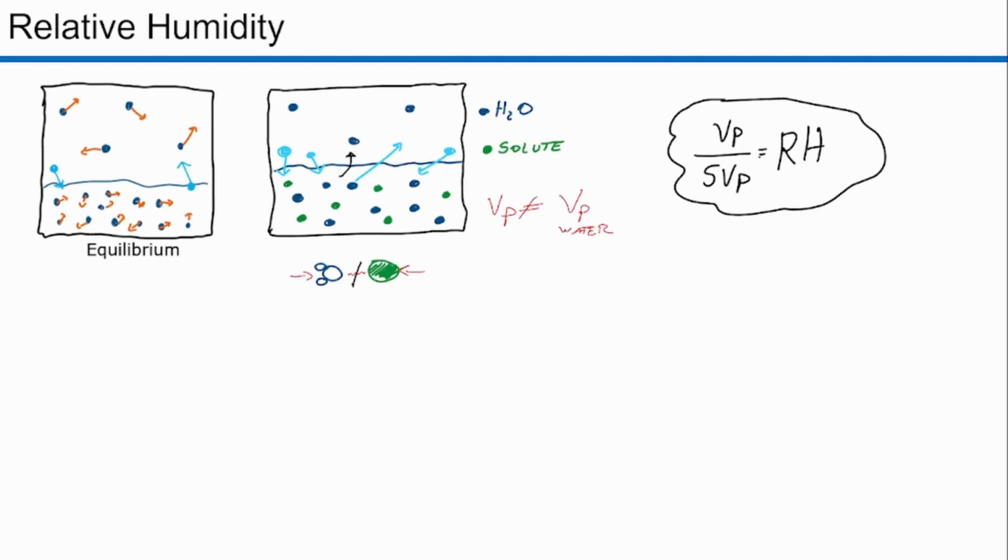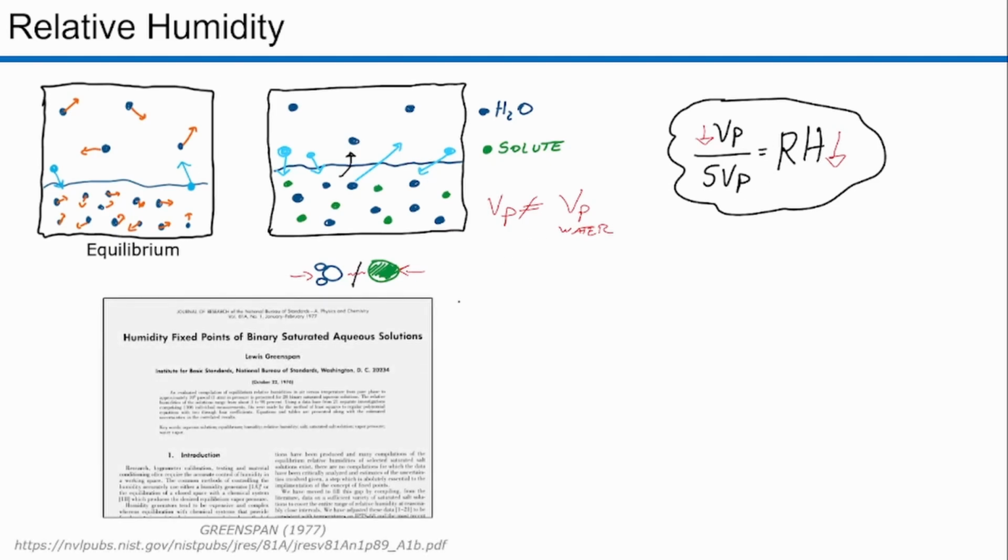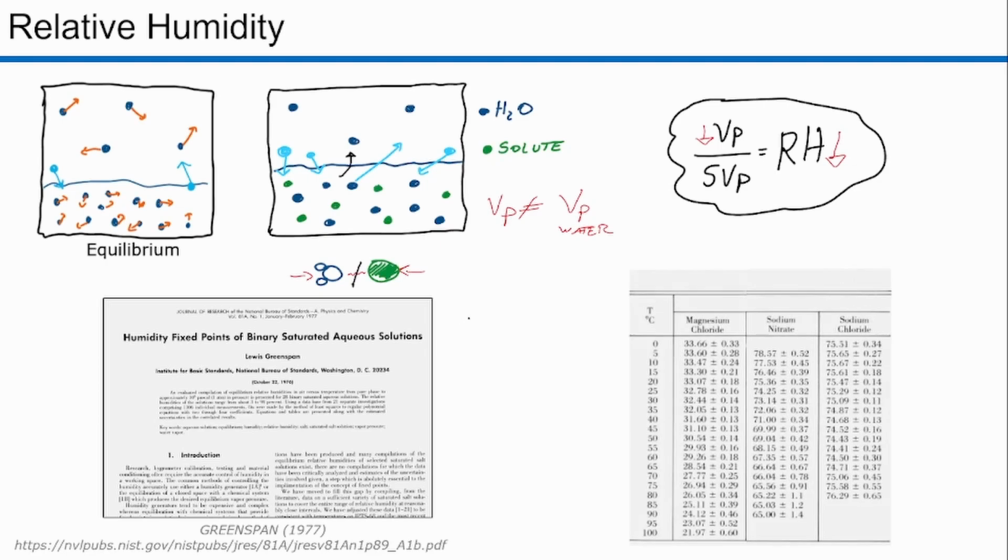And if we check this out, this ratio between the saturation vapor pressure and the actual vapor pressure is the relative humidity, meaning that if I have a solution instead of pure water, my vapor pressure will be lower, so will my relative humidity. For some solutions, a bunch of very well consolidated studies show that there are some fixed points.